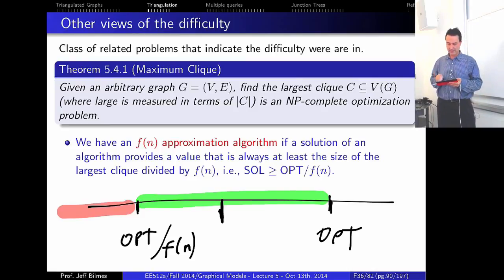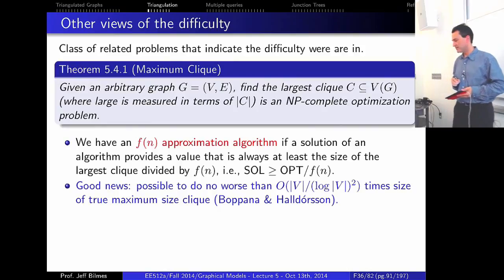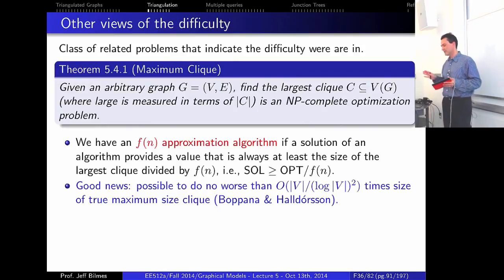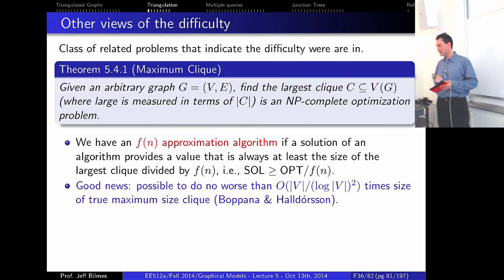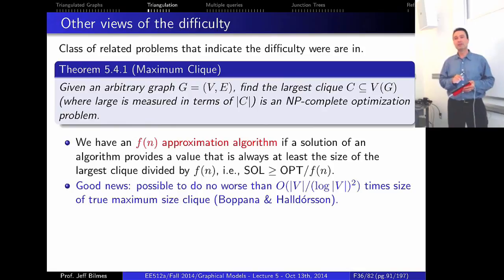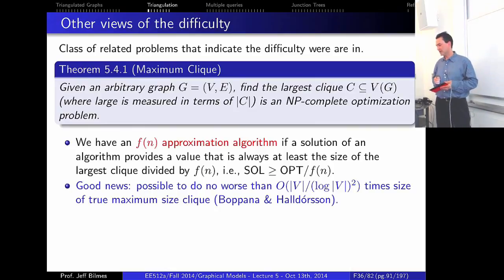That's the idea. So the results that we have, and this is something that we're not going to prove, but just to give you the result and the reference, is that there is an algorithm that does order n over log n squared. So that basically means that opt divided by n over log n squared, you can do no worse than that. That was a result that came out a number of years ago in the 90s.